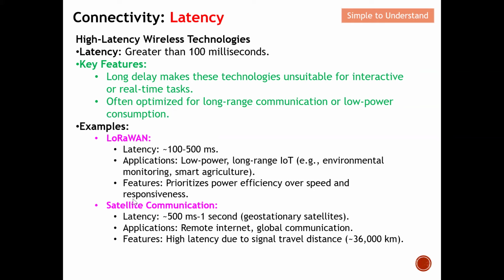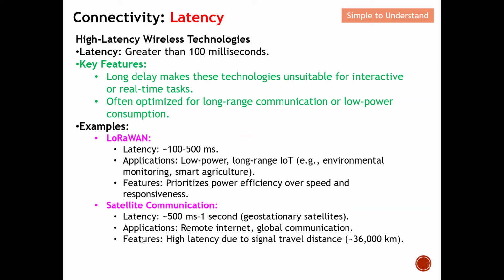Satellite communication: they are so far away, so you cannot expect the latency to be low. For satellite communication, the latency can be up to 1 second for the geostationary satellite. The key application, again, is that we are able to have some form of remote internet, and satellite communication also allows us to have global communication.